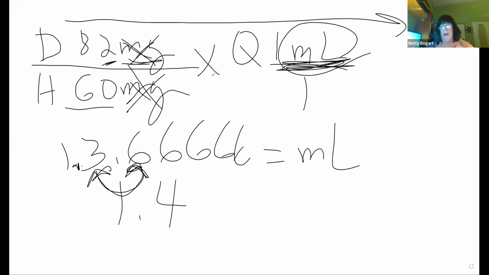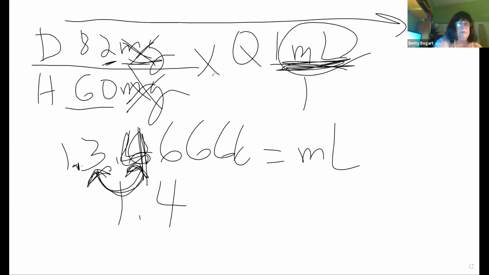So rounding is important. Always know it's only the guy next to it that you're worried about. And if it's 5 or bigger, the number to the left always goes up 1. If this was a 4, we're just going to leave it there. 1.3, right? It wouldn't make it a 1.4.